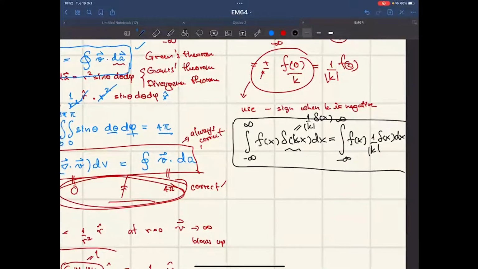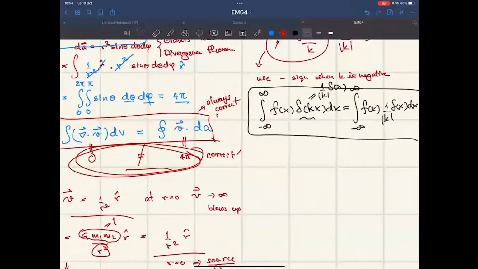Okay, if no one is asking anything, here's the homework. Our homework is problem number 1.44 and 1.45 and 1.46.